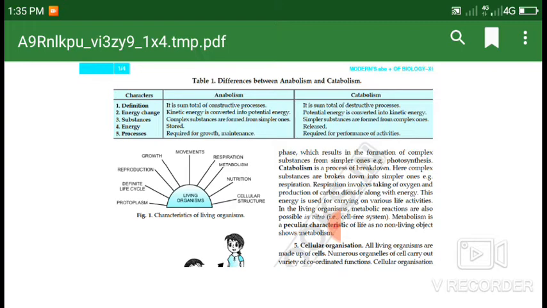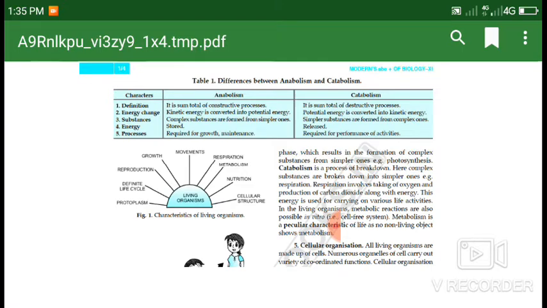First we understand the definition. Anabolism is the sum total of the constructive processes of metabolism, and catabolism is the sum total of the destructive processes.